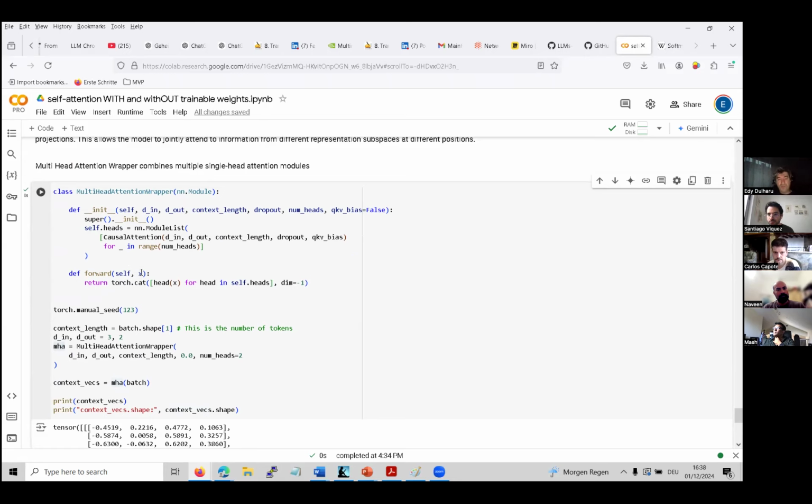We compute the attention weights by multiplying the query and key matrices, and the query and key matrices should take into account these two dimensions for the input and output for the embeddings.